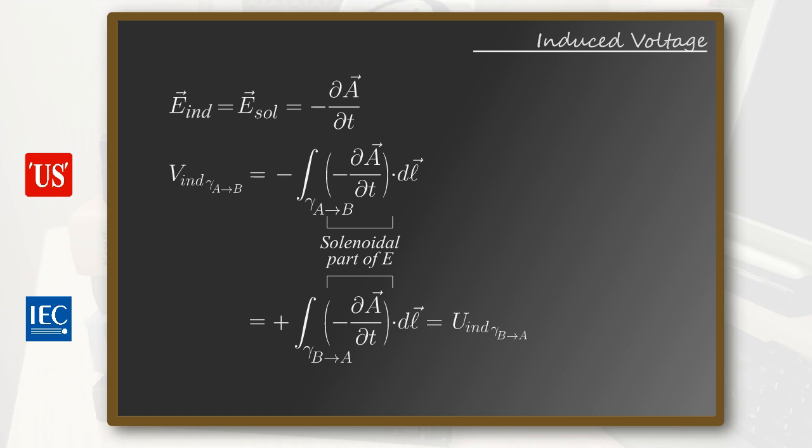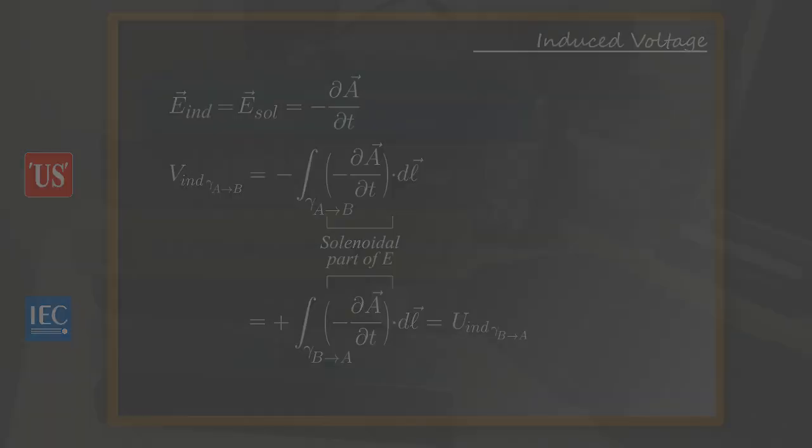This component of voltage assumes a special meaning when the path gamma is closed and links a variable magnetic field. This non-zero quantity, called loop voltage by the IEC, corresponds to the electromotive force of electromagnetic nature and will be dealt with in another video.